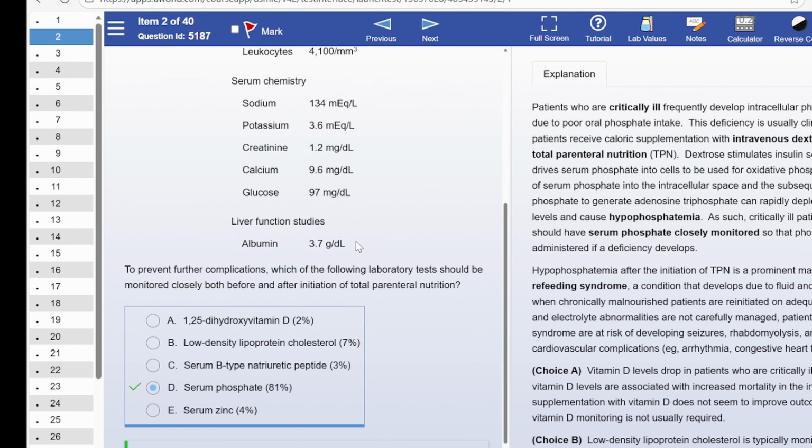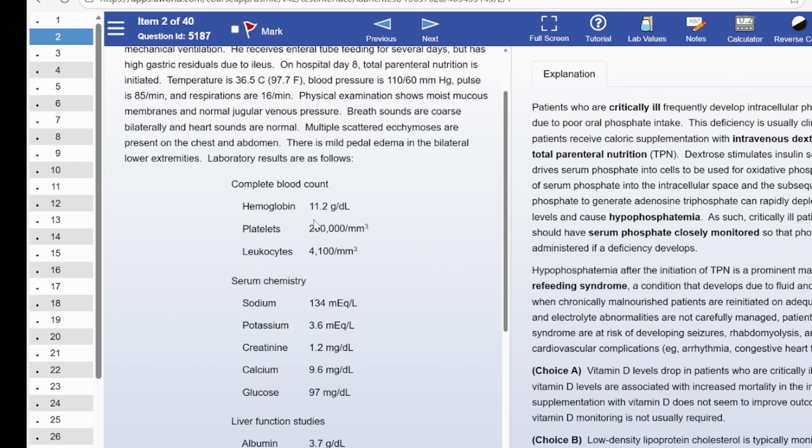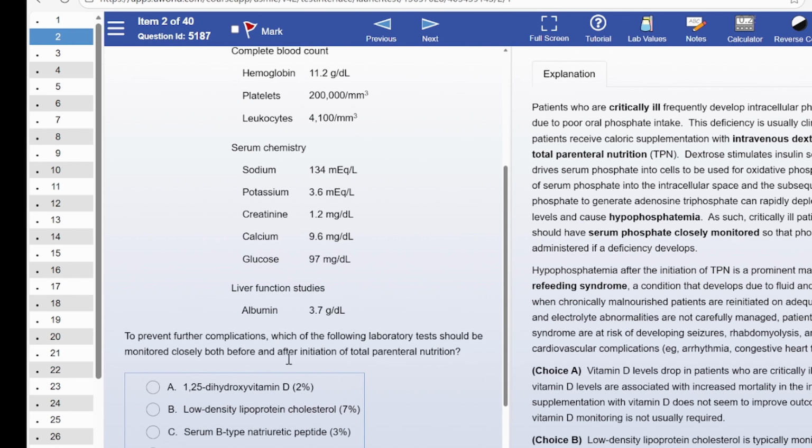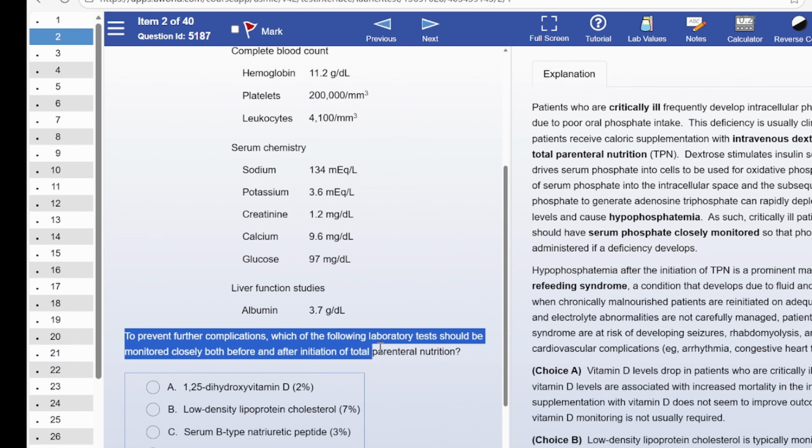Now I'm going to tell you one more important tip which I used in all 3 exams, Step 1, Step 2, Step 3, to answer the questions quickly. This tip helped me not to waste time reading the entire question most of the time. By reading only some important key points, I was able to get to the answers. First, when you get to the question, read the end question.